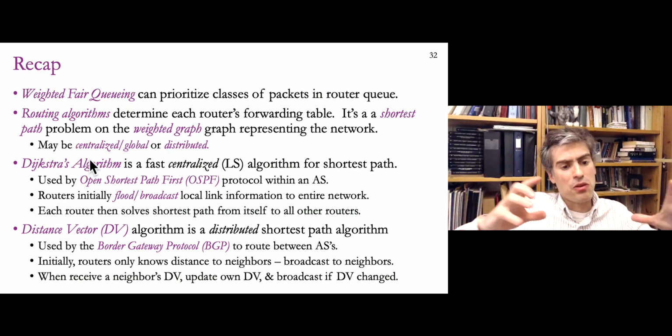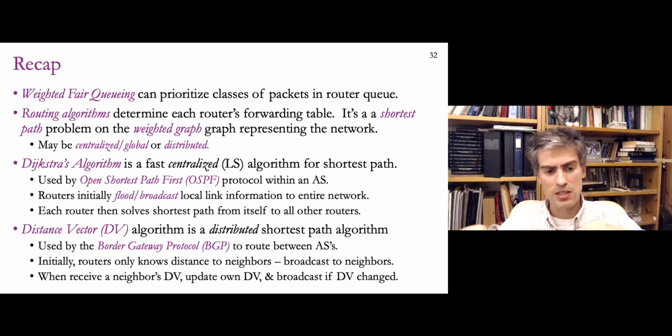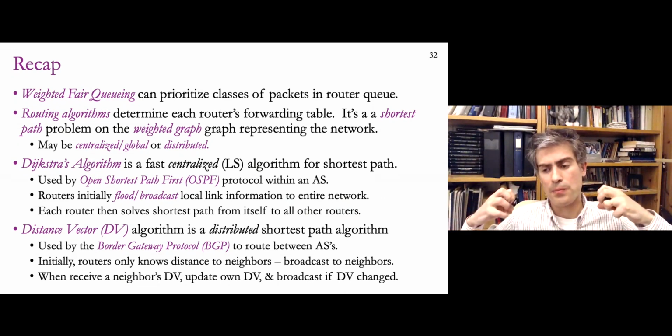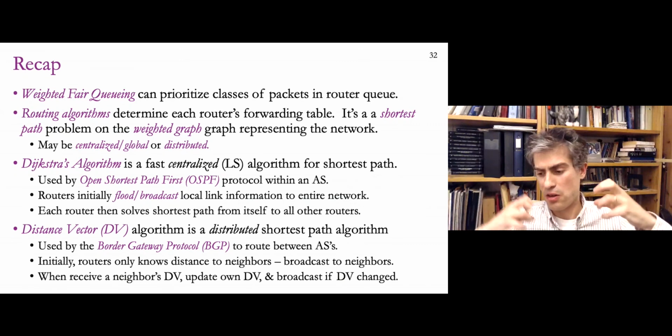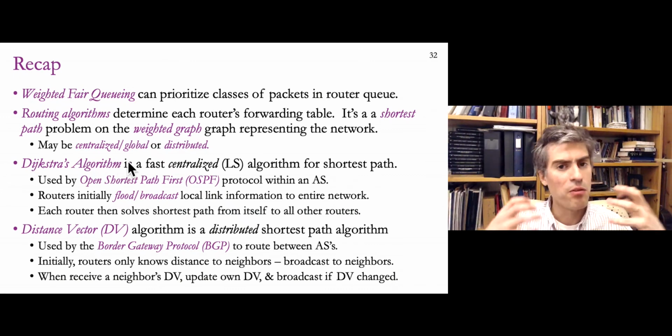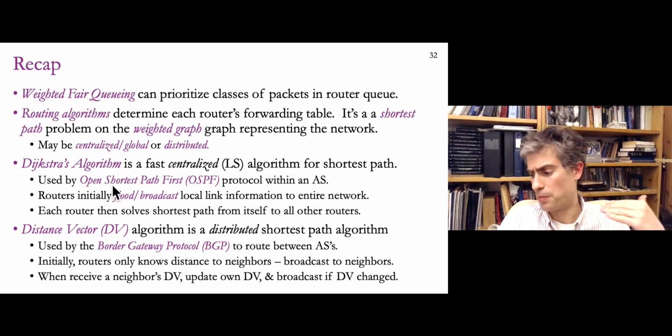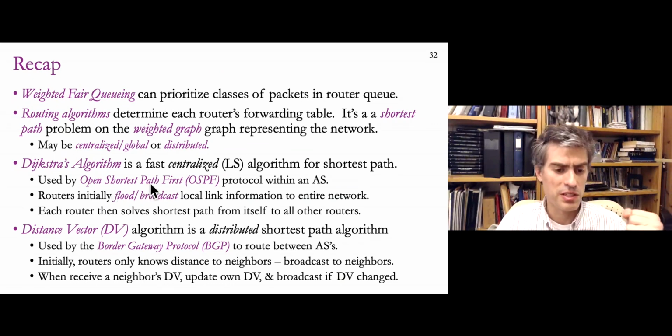We have both centralized and distributed approaches. So what I was just talking about with distance vector, that's a distributed approach. Again, I realize that I went over it pretty quickly. I'm going to repeat that next time a little bit more. But with the centralized algorithms that have full information, Dijkstra's algorithm really is the go-to, the gold standard there, at least in terms of the relatively simple algorithms.